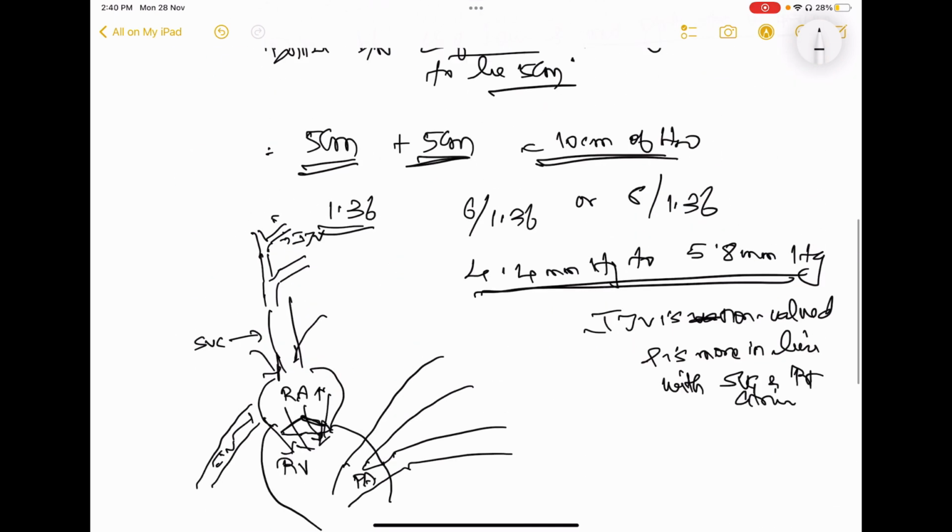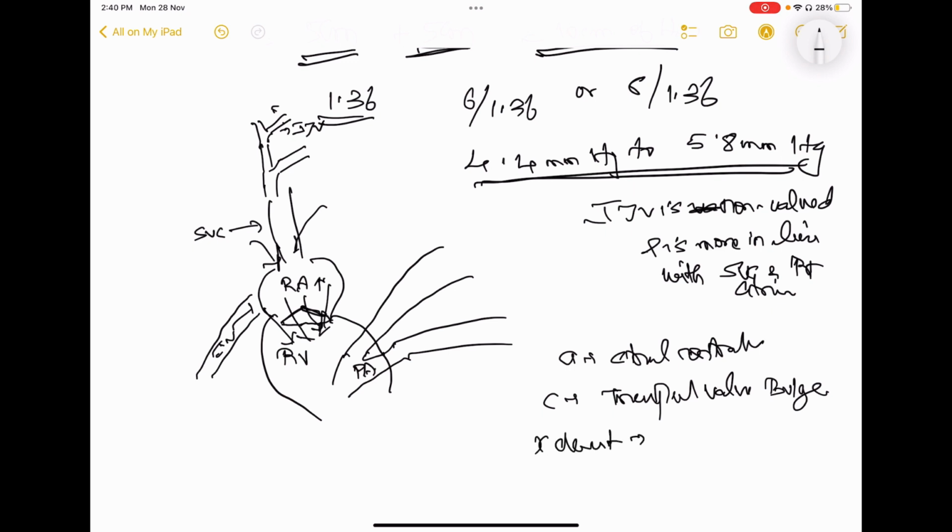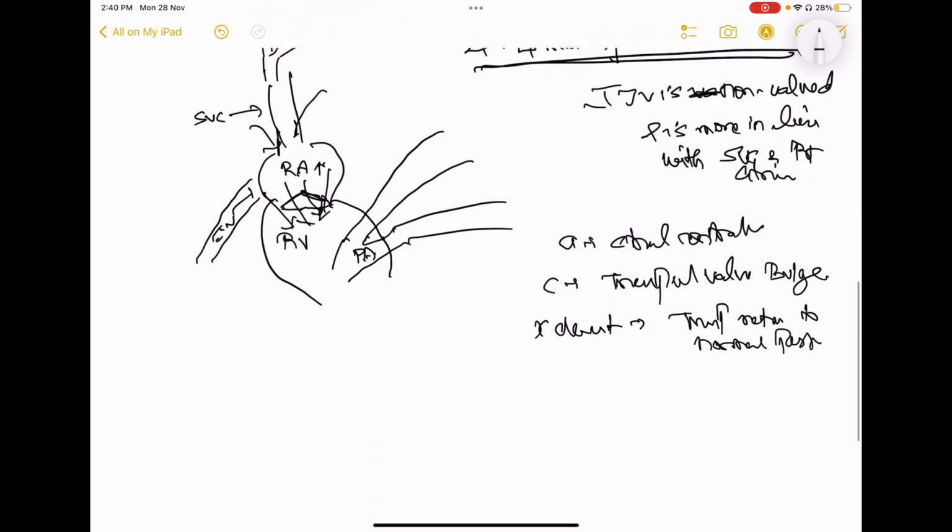So to sum up, A wave is due to atrial contraction, C wave is due to the tricuspid valve bulge into right atrium, and the X descent is due to tricuspid valve returning to normal position, and the V wave is because of the atrial filling, and the Y descent is because of ventricular filling, right ventricular filling.